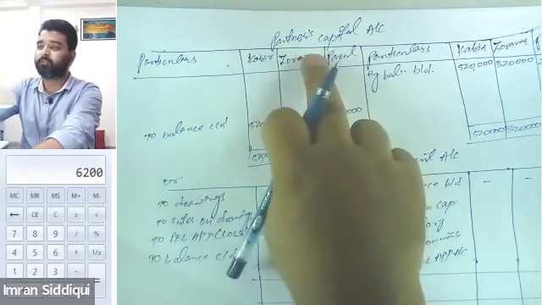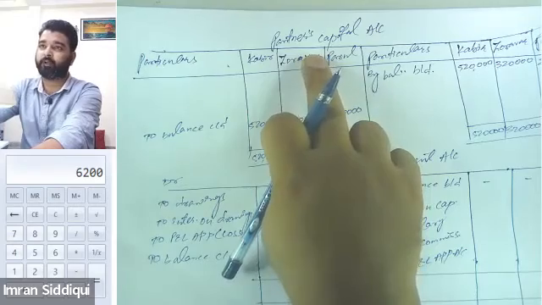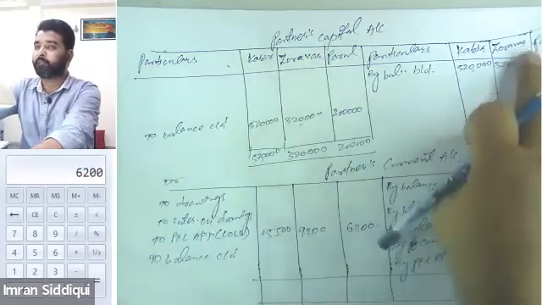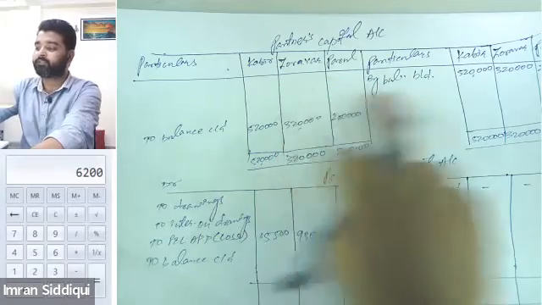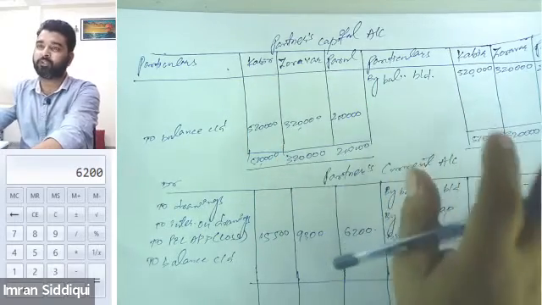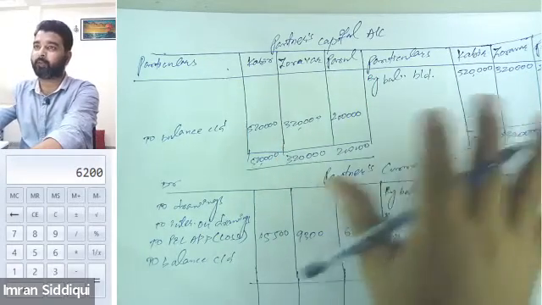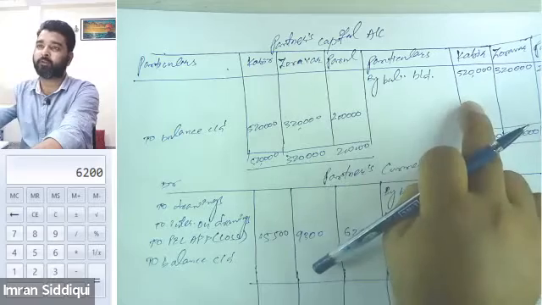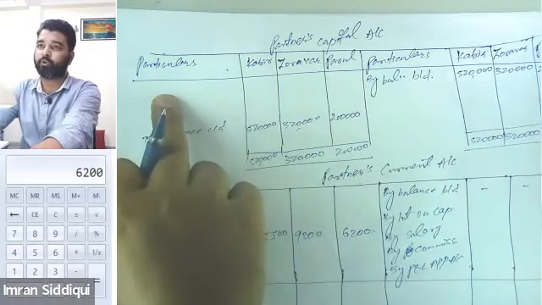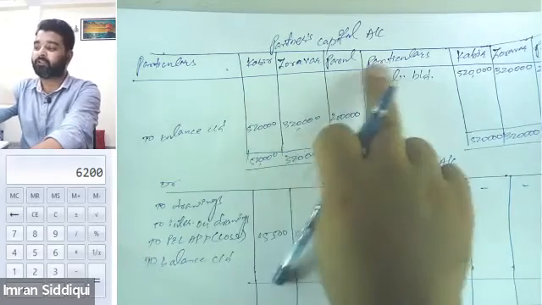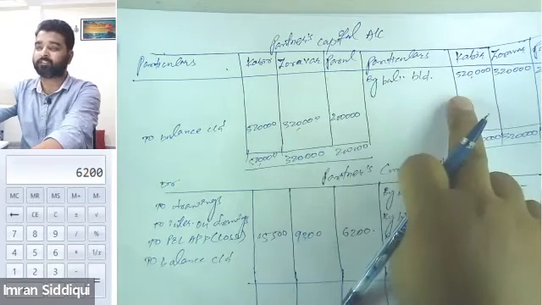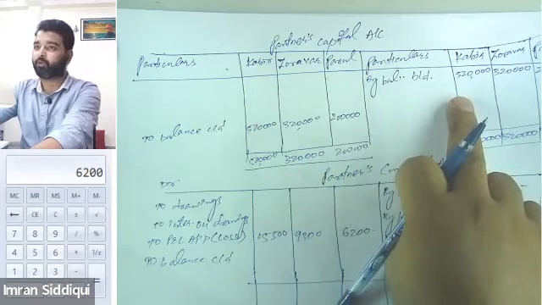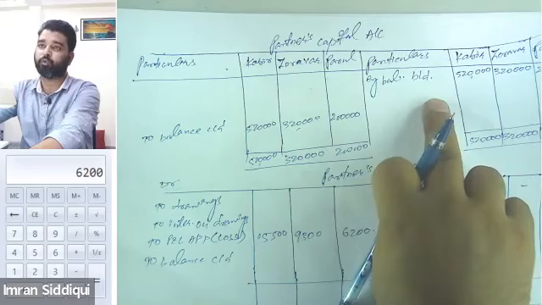Now, let me explain the formation of the capital account. There are three partners, Kabir, Zoravar, and Parul. Since no other transaction has taken place in the capital account, no addition made in the capital, and no drawing made out of capital, you will notice that only one transaction will be required in the capital account, that is the balance brought down, the opening balance.